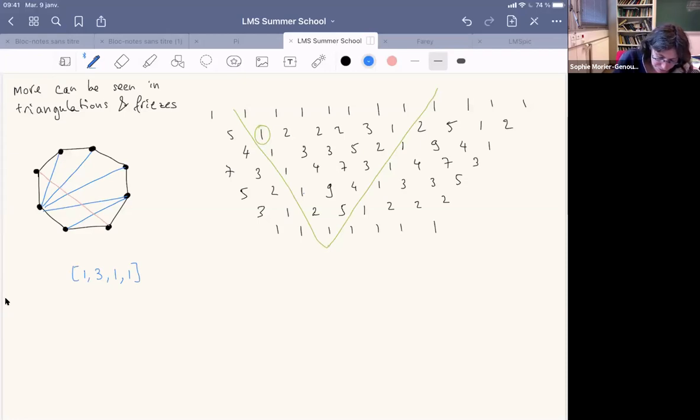I can consider that this triangle has the base under, and it doesn't matter because these two fractions are the same anyway. And the picture gives me the conversion for the continued fraction with negative sign.